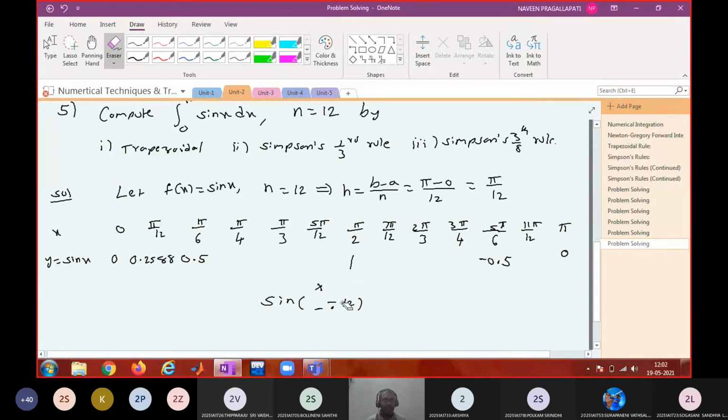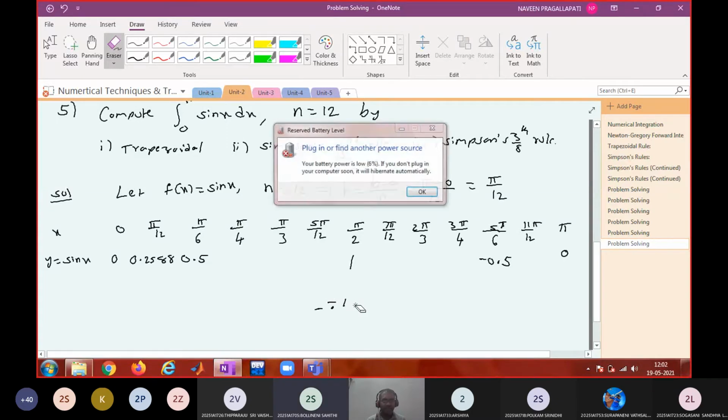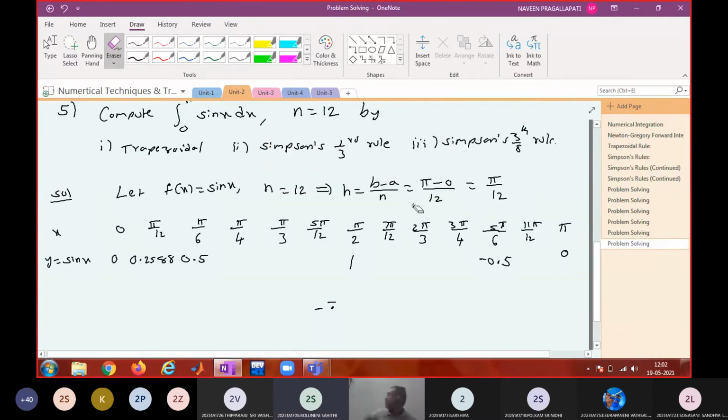Sine pi by 4 is 1 by root 2. What is 1 by root 2? 0.7071, sir.